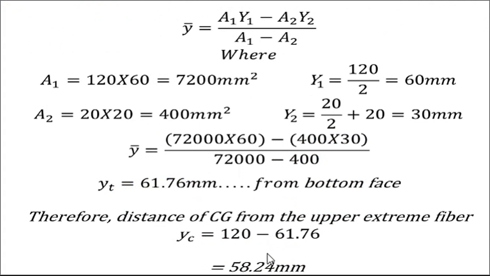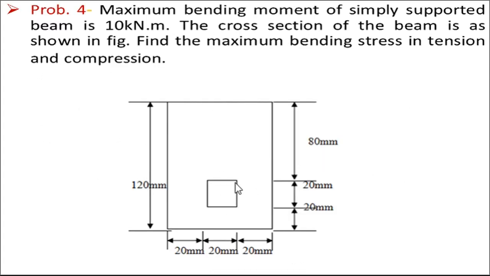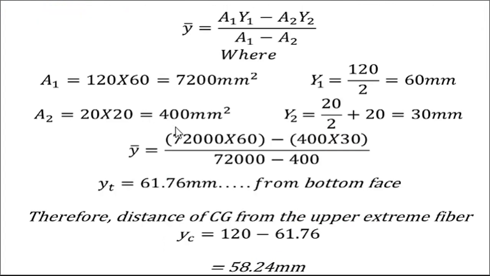And y1 is the distance of the centroidal axis, that is 120, the total height, divided by 2, which is 60 mm. And a2 is the area of that square hole. This square hole is at the bottom, whose dimension is 20 by 20, and we get the area 20 into 20, 400 mm square.